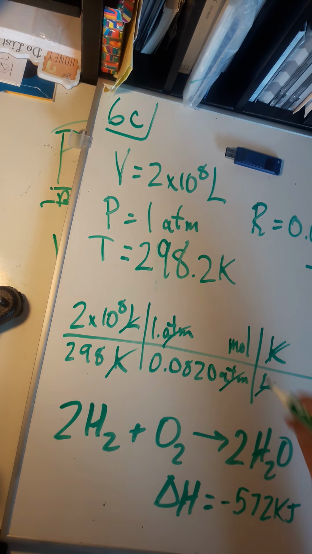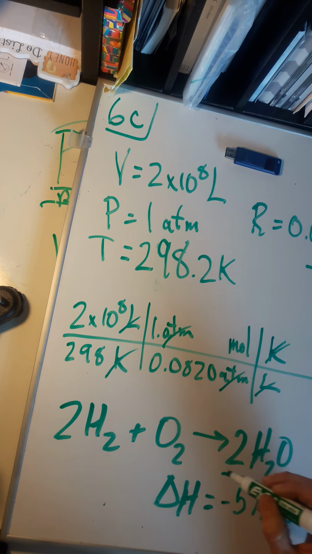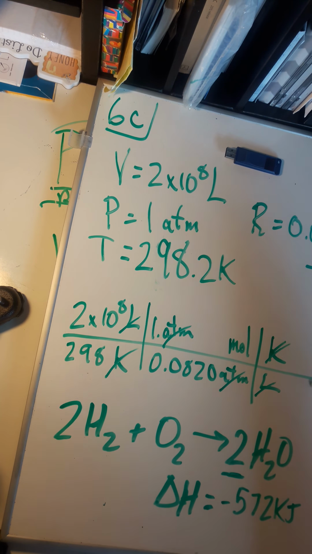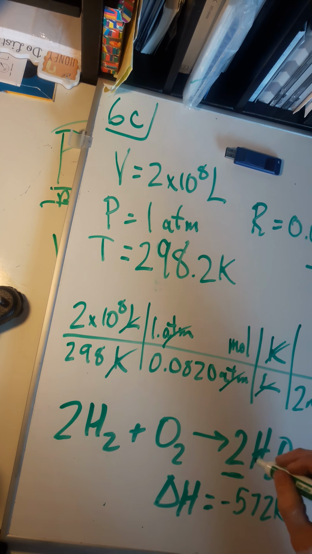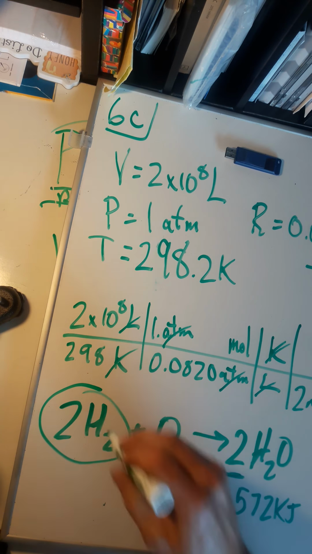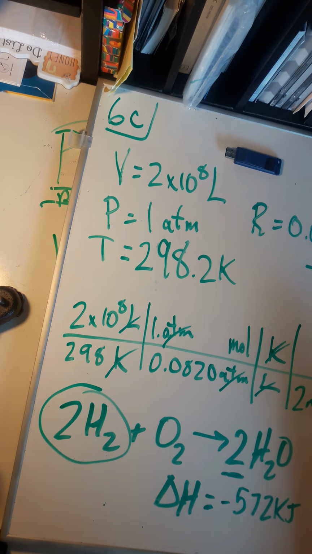When this gives us our moles, we're going to use our mole ratio. We have 2 moles of hydrogen gas, so for every 2 moles of hydrogen gas, we're going to make negative 572 kilojoules.